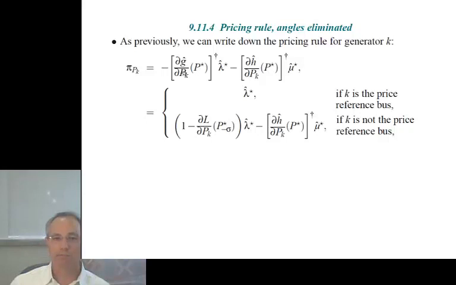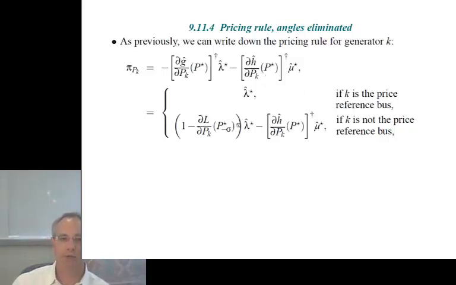The dG by dPK only has one entry, and indeed we've already evaluated it. If it is the price reference bus, it gives us minus 1, so we have minus times minus 1, which gives us 1 times lambda hat. There is no entry for the partial derivative of H hat with respect to generation at the price reference bus; it is 0, so there's no corresponding entry.